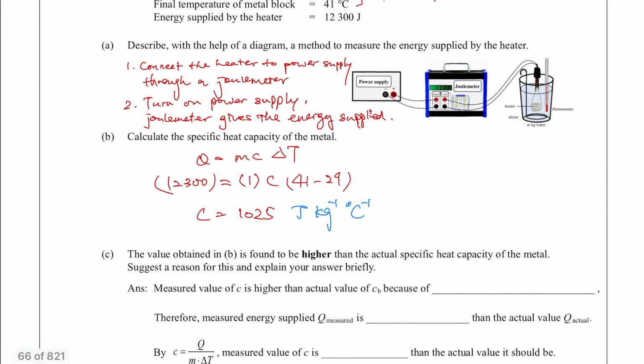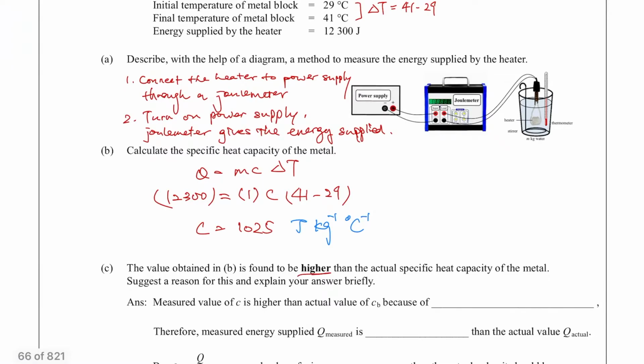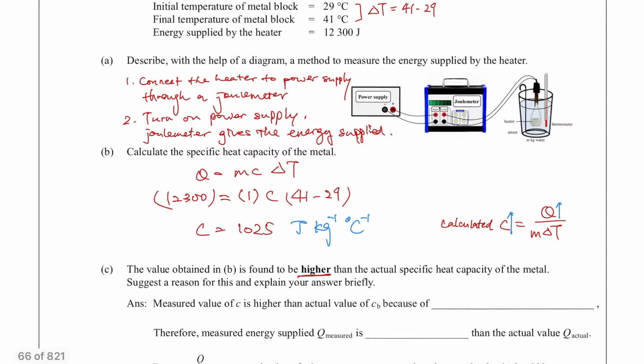Part C. Value obtained in B is found to be higher than the actual specific heat capacity. So we know that C is given by Q over m delta T. So the calculated value C is higher. There are a few reasons. Firstly, you can say the Q has been measured to be higher, or delta T is measured to be lower.